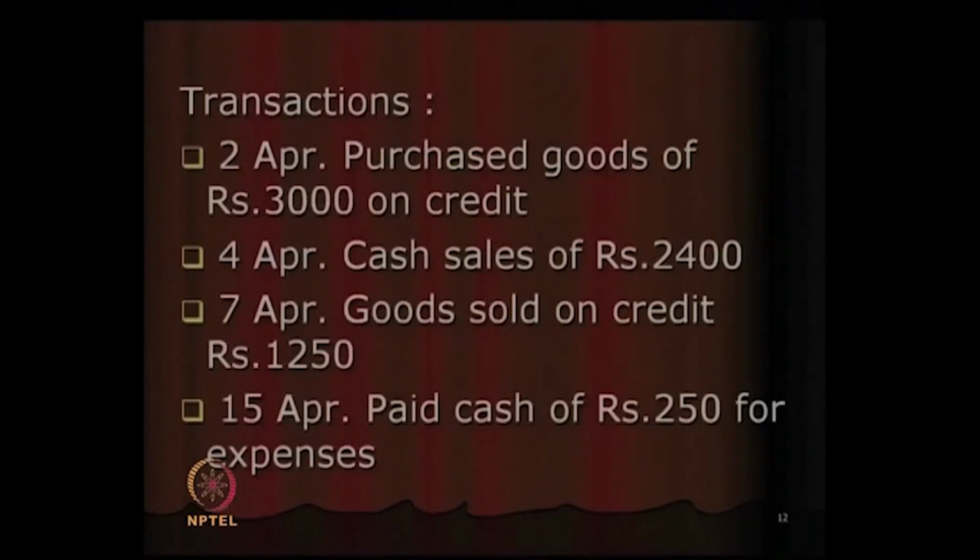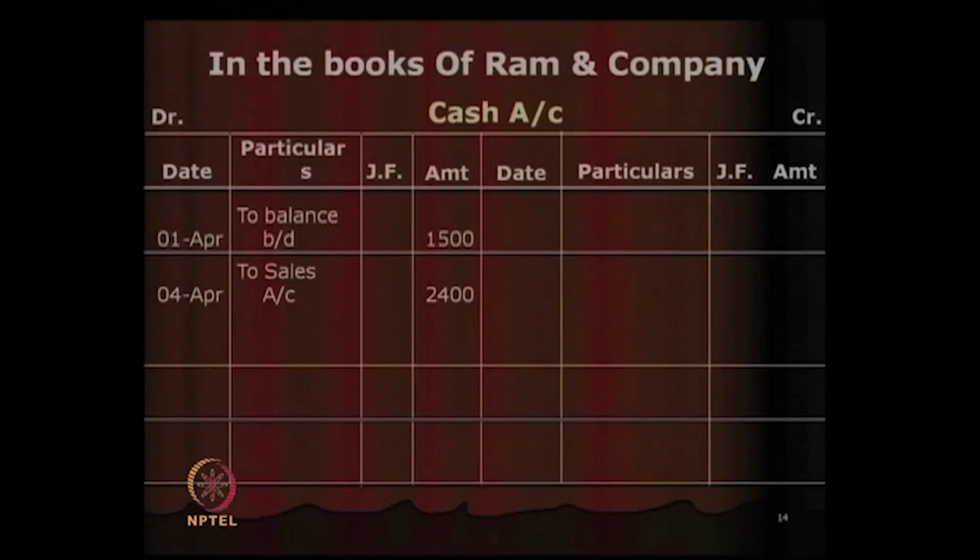Now tell me which is the next cash transaction. On 15th April, cash of rupees 250 was paid as expenses. So you can see here on 15th April in the cash account we have said by expenses account 250. So what it means is 250 is paid as expense, so my cash balance reduces by 250.